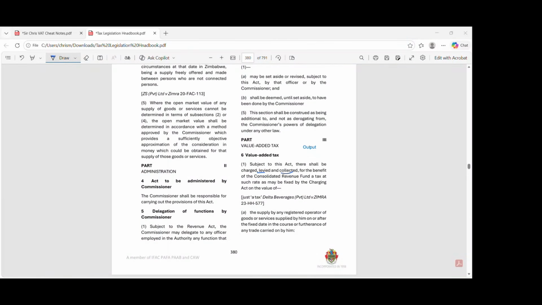So the first question is, when does output VAT arise? That's the first question you have to ask yourself. When it arises, it creates a liability.